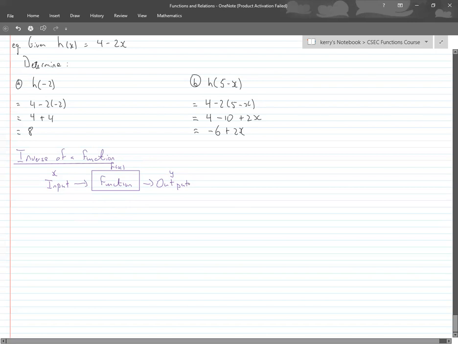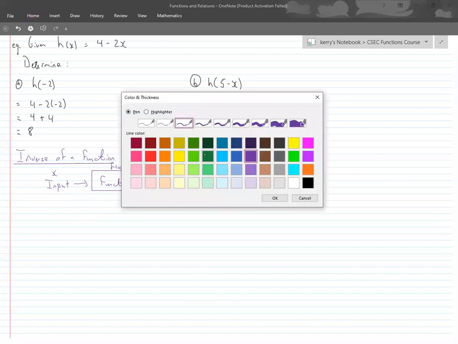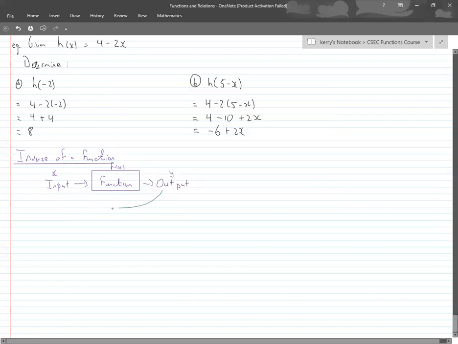So suppose we are given an output now, right? And we want to know what the input was, right? This reverse version that we're going to do here, right? If we want to find the input when we are given the output, it is what we call the inverse of the function f of x.